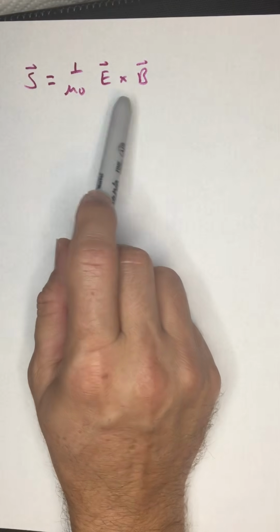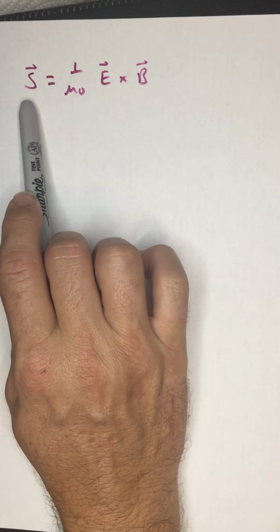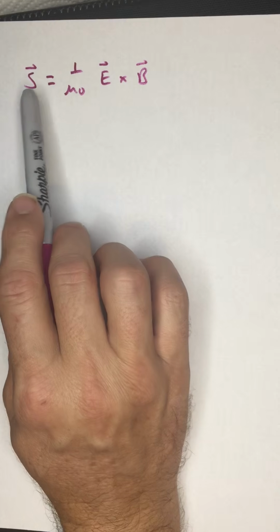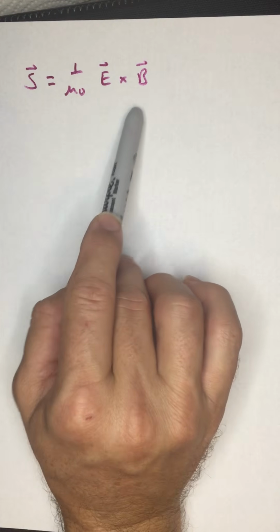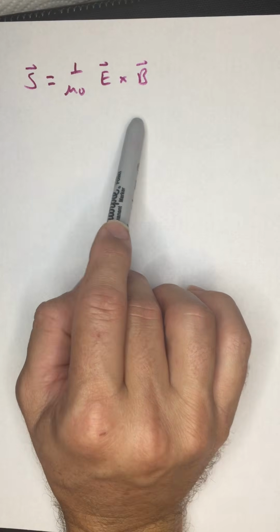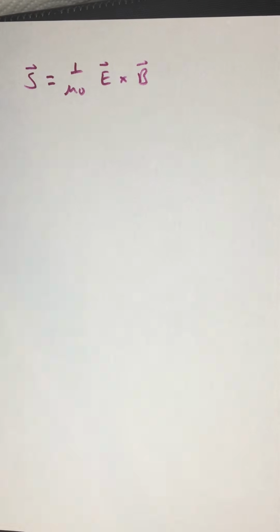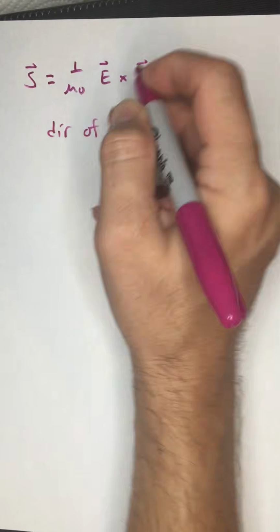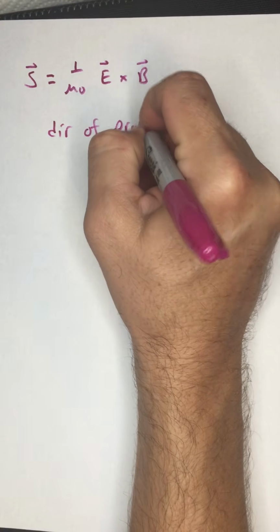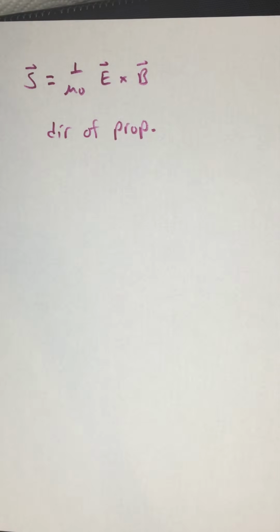We're going to see in just a second that it gives us the intensity of the wave, but because this is a vector product, and you get a vector out of it, notice the resultant vector has to be mutually orthogonal to the constituent vectors. What this gives you is the direction of the Poynting vector is the direction of propagation for the wave itself.